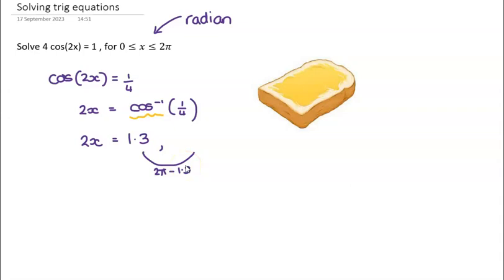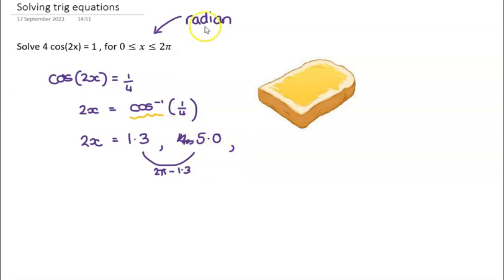So in your calculator, you just put 2 times pi minus that first solution, which was 1.3. If you can leave the old solution in your calculator, that's even better. 4.98 I've got here. Well, we're doing it to 1 decimal place, aren't we? So let's say that's 5.0.